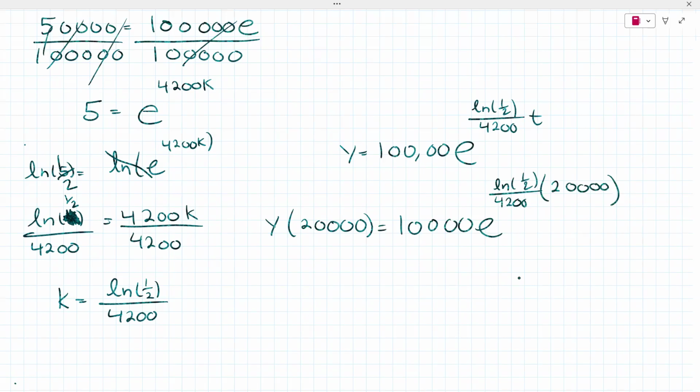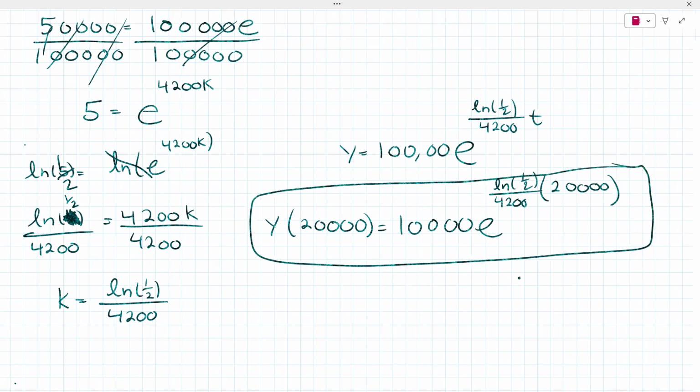Okay, you could put that in the calculator as a decimal, but this is perfectly fine as an exact value. Okay, go ahead and copy and do example 3.